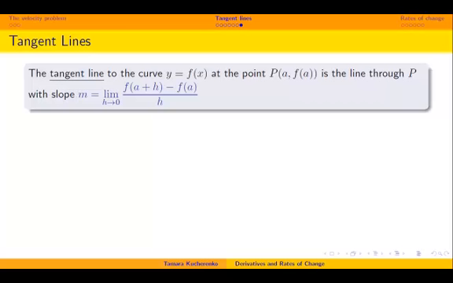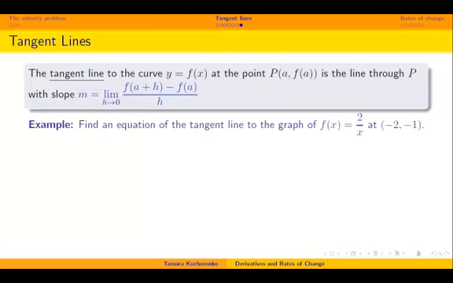As an example, let's find an equation of the tangent line to the graph of f of x equals 2 over x at the point with coordinates -2, -1. We know that the tangent line goes through the point -2, -1.